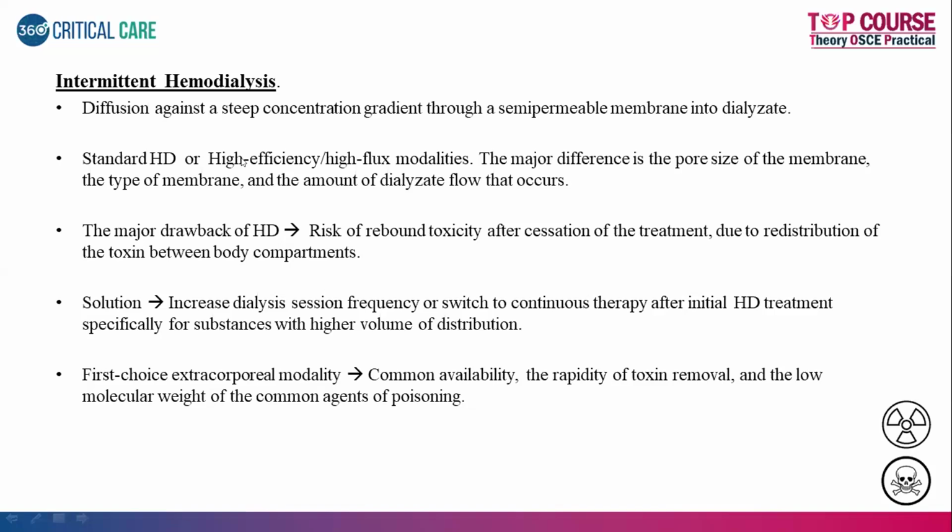In high flux modalities, usually the pore size will be bigger and the dialysate flows will be higher, so the amount which can be removed is much higher. But the only drawback with intermittent hemodialysis is that after stopping the dialysis, there will be rebound toxicity. That is the main drawback of intermittent hemodialysis. So how to prevent this rebound toxicity?